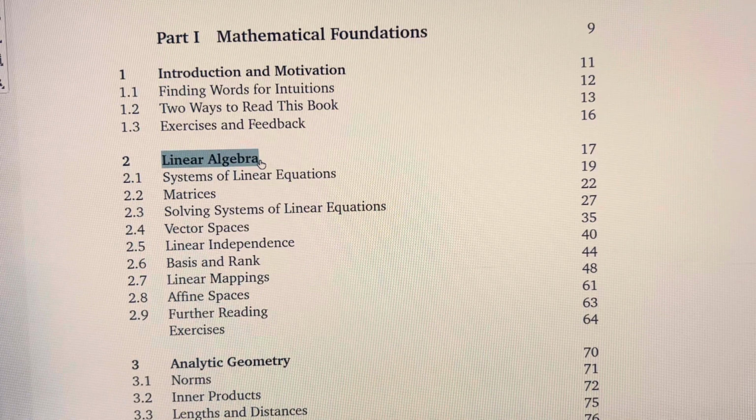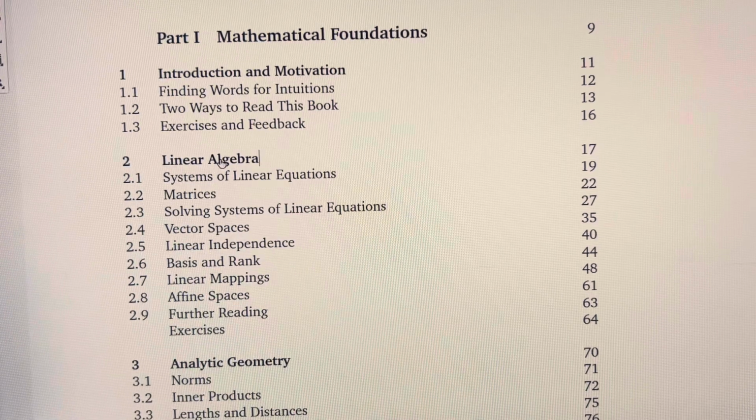Linear algebra is one of the foundational math topics for learning machine learning and AI. In that you might have seen some of these in high school mathematics. Actually, this book has a prerequisite of high school level mathematics, which means you should have encountered vectors and matrices, at least those two from the standpoint of linear algebra, and the rest of it is covered here, like vector spaces, linear independence, and so on.